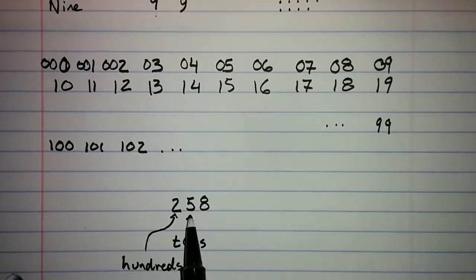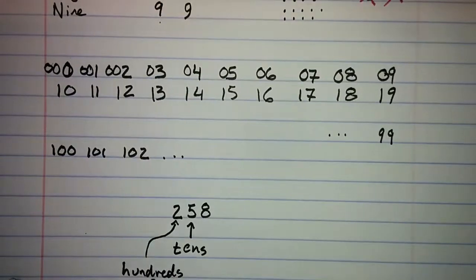A digit in the tens place represents 10 things. A digit in the hundreds place represents hundreds of things. If I went over another place, well, it would represent tens of hundreds or thousands of things. We call these the place values of the numbers.